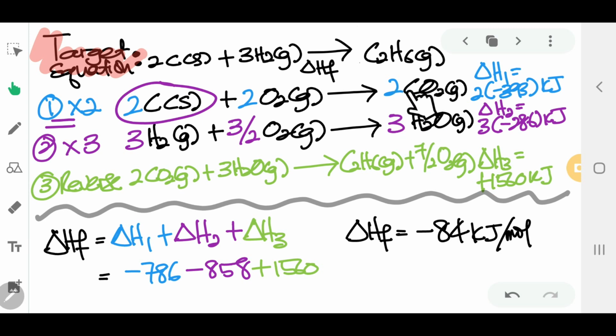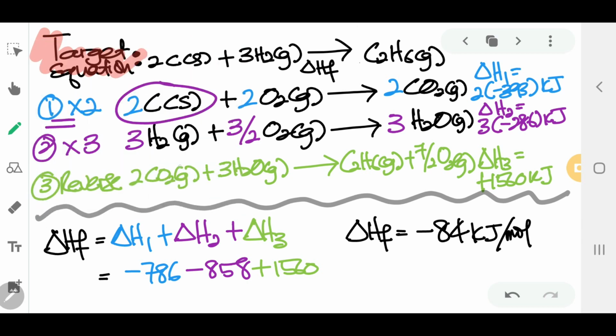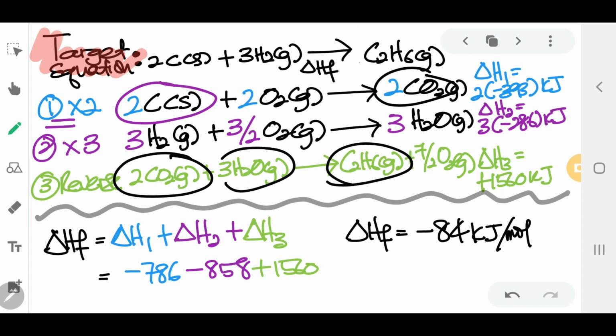For 2 CO2, when you look at there, can you find 2 CO2 in the other thermochemical equation? And the answer is yes, you can find it right. I'm going to use black right here. Okay, so you can take that and you combine this and you continue with whatever you have here.